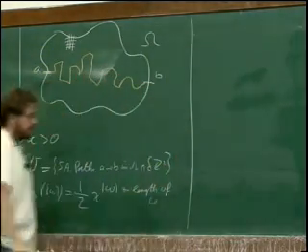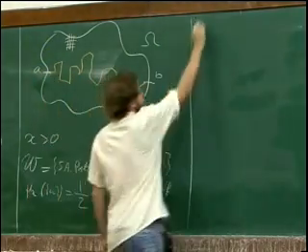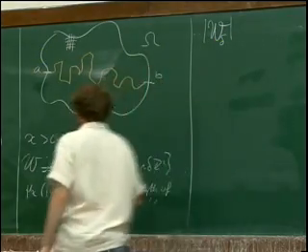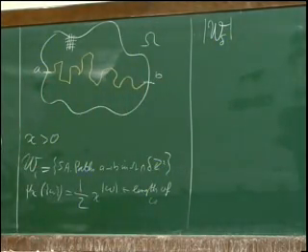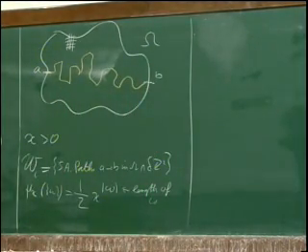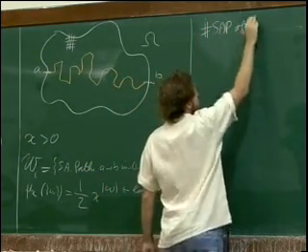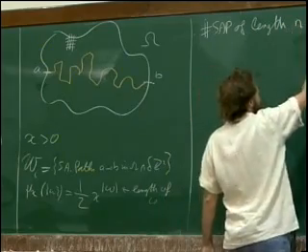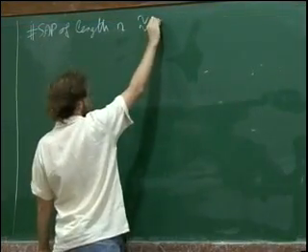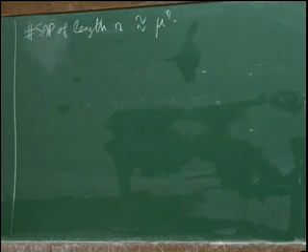So this is something I already told you in the beginning. If you look at the number of self-avoiding walks of length n, this goes geometrically: the number of self-avoiding paths of length n behaves like some constant to the power n, mu to the n, where mu is called the connectivity constant of the lattice.